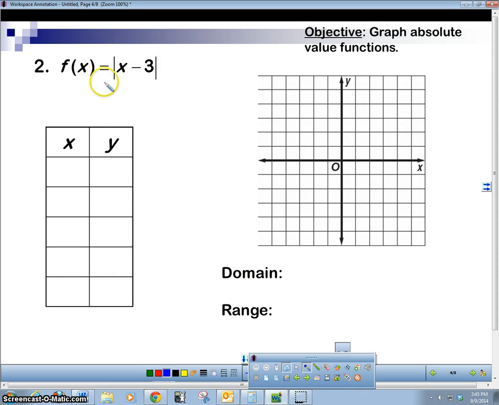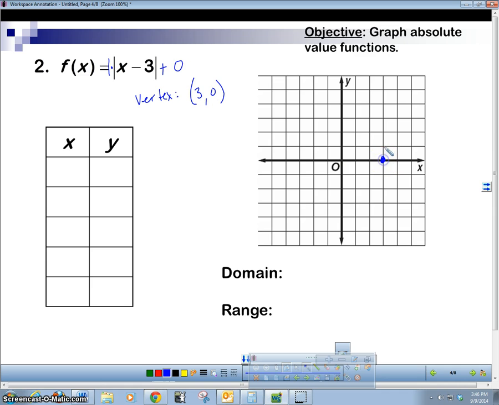Okay, look at this. All right, so I'm going to skip this little part here. I'm going to put a 1 here, and a plus 0 here. So my vertex is positive 3, comma 0. Right, there's my y. So I'm going to go to my vertex. Positive 3, 1, 2, 3, 0. That's there. Now, what's the number in front of the absolute value? It's a 1.